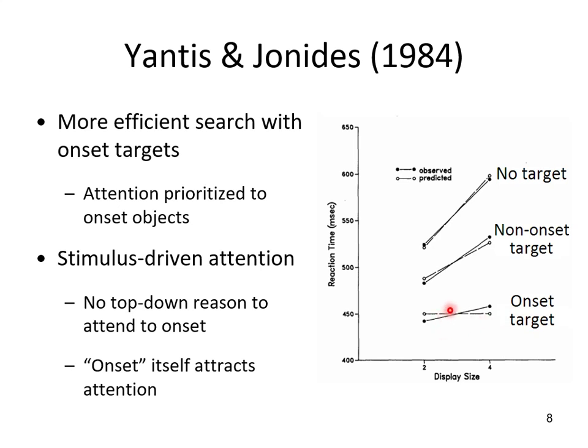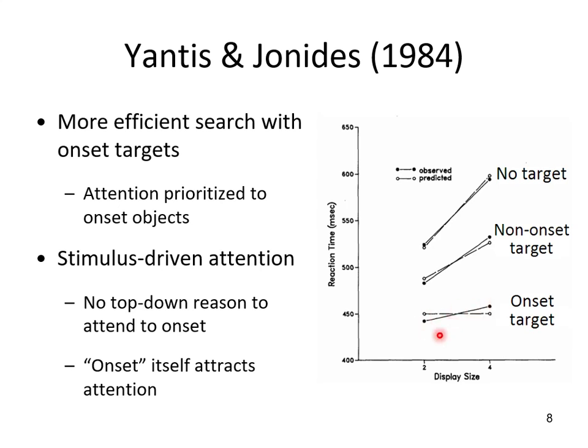Here we can clearly see that the onset target is faster, right? That would probably mean that if the target happens to be a new object, even though it is a 1 in 4 chance and there is no particular reason to attend to it, it still seems that we will attend to the onset item first. So if it happens to be the target, we will detect it first.